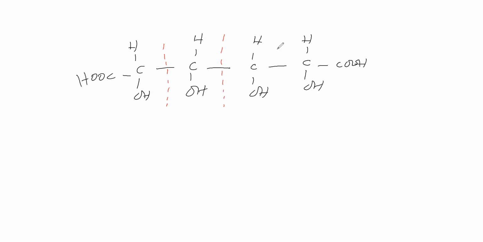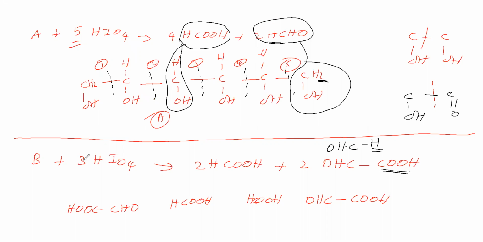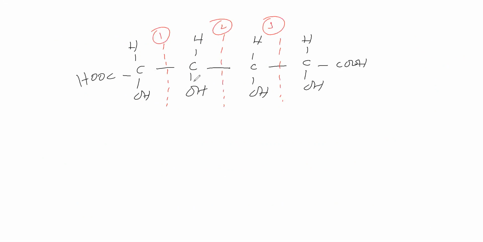This is also a vicinal diol, therefore this C-C bond is breaking. So for this one periodic acid, for this another, for this another, that means this compound requires 3 HIO4. This is the compound that on periodic oxidation gives so and so result.